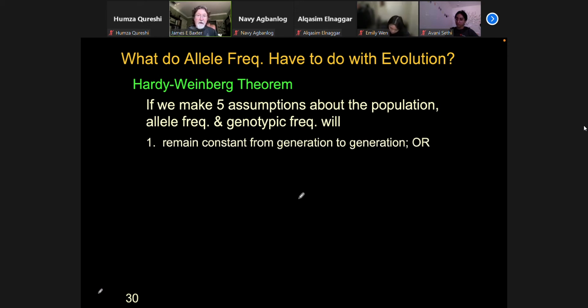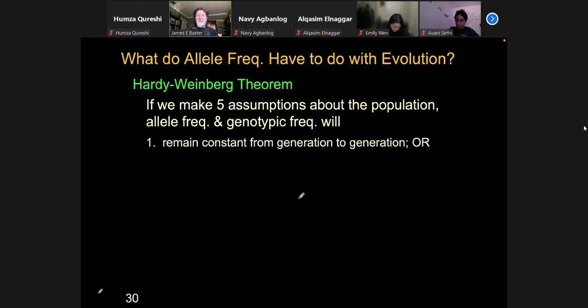But if one or more of these five assumptions is violated and not true, then it can lead to the allele frequencies and phenotypic frequencies changing from one generation to the next. Okay, and so that's microevolution.